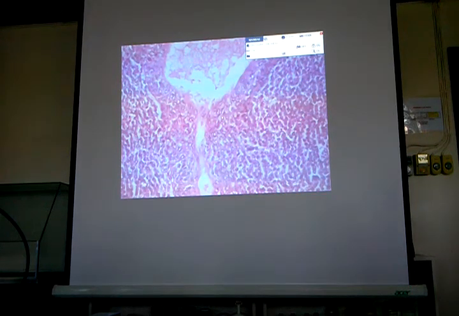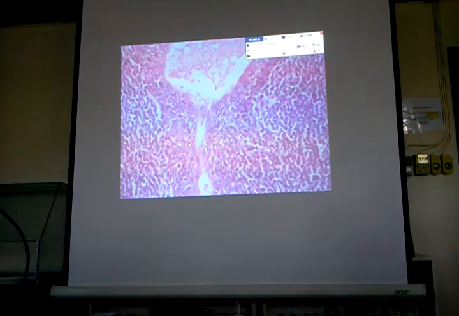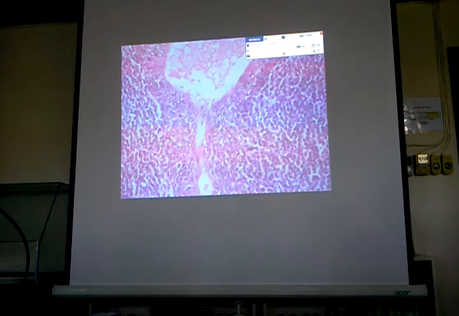So is a stratified squamous epithelium normally present in the salivary glands? No. So the ducts will be lined by columnar to cuboidal cells. That one underwent metaplasia. What is metaplasia, by the way? Change from one mature cell type to another mature cell type.